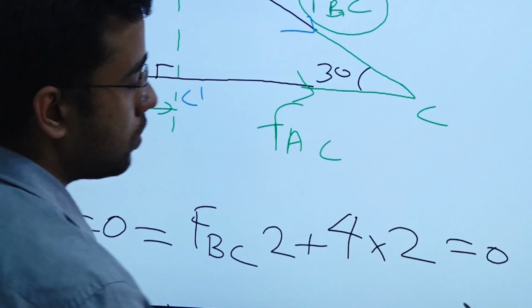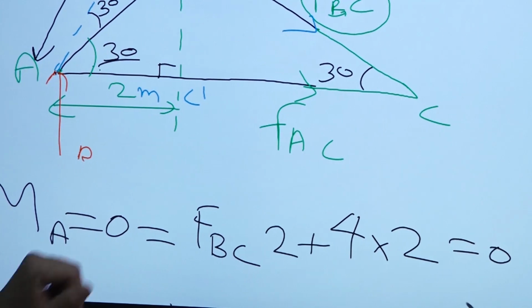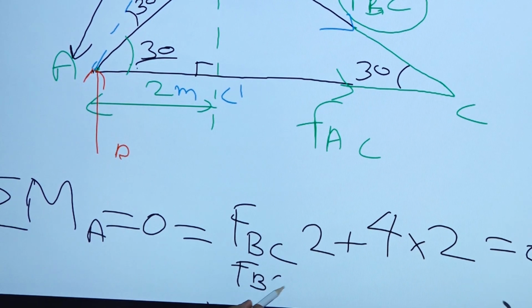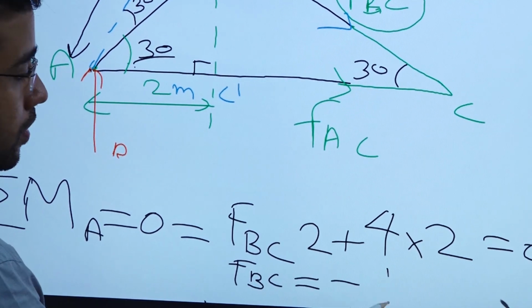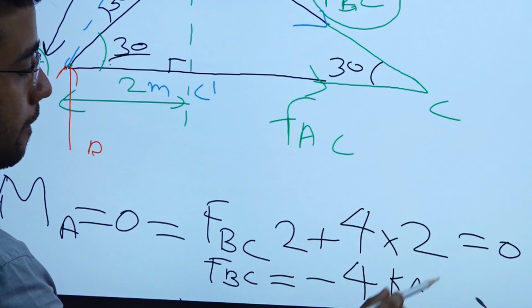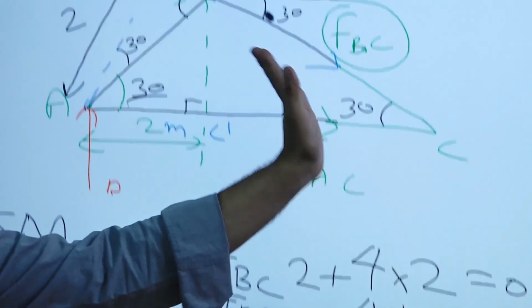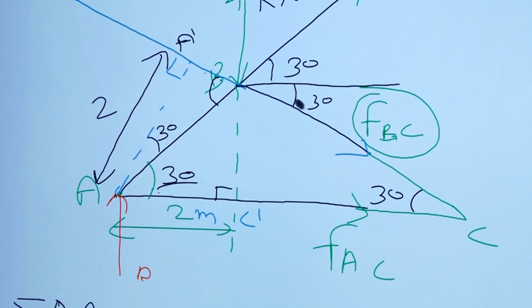This should be equal to 0. So from this equation directly we can find FBC. So what will FBC come to? Minus 4 kilonewton. So this FBC will not act in this direction, it will be in the upward direction. So that will be our answer.